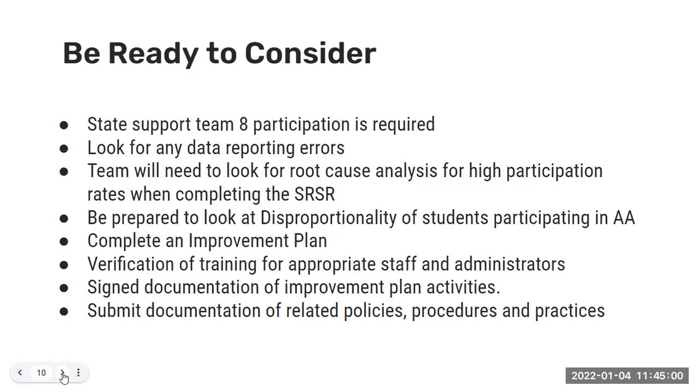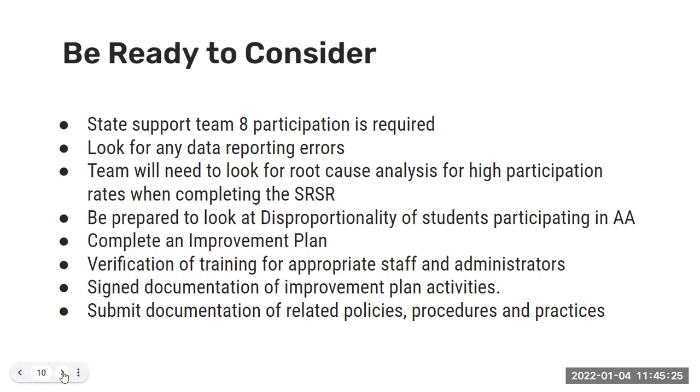Then you will create an improvement plan. The improvement plan will talk about how everybody will look at students on alternate assessment, use the decision-making tool, look at training for staff and administrators, so we know exactly who should or should not be on alternate assessment.